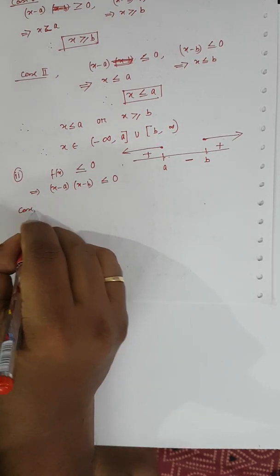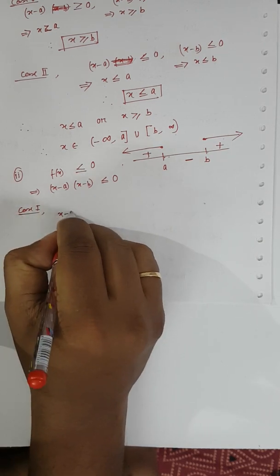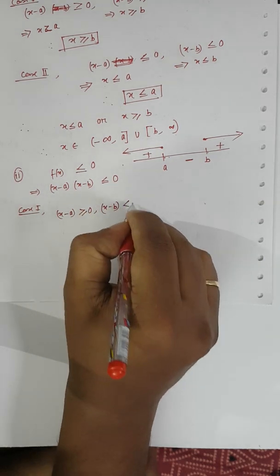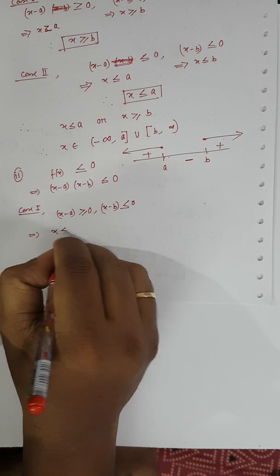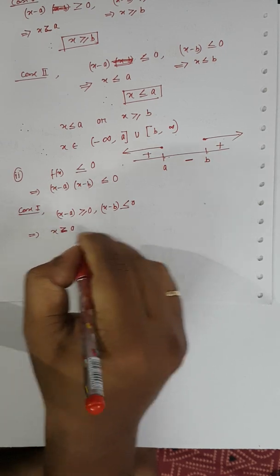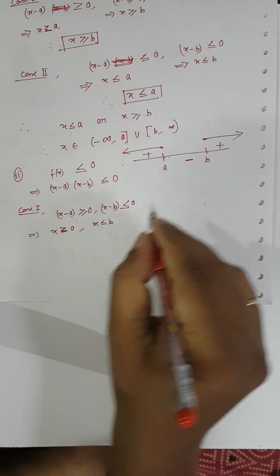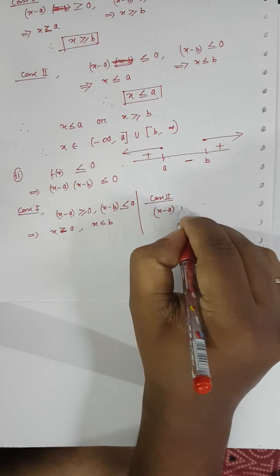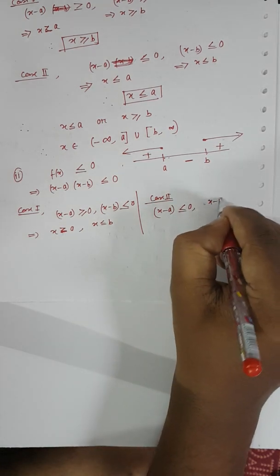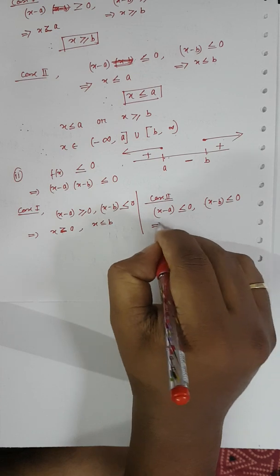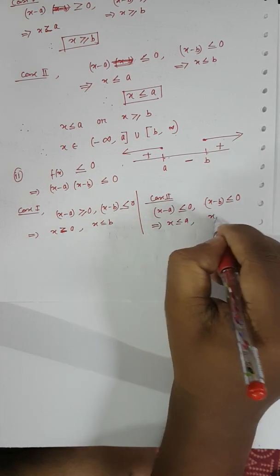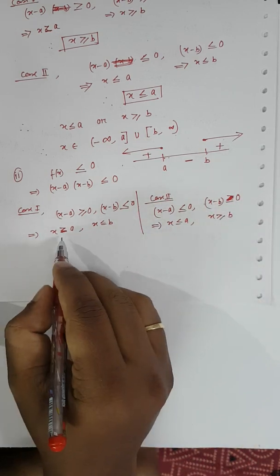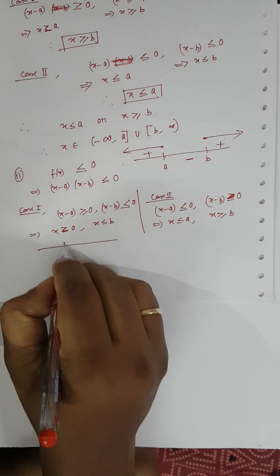So case 1 will be x minus a is positive, x minus b is negative, that is x is greater or equal to a and x is less than or equal to b. And case 2, x minus a is negative, x minus b is positive. So I'm getting x is less than or equal to a and x is greater or equal to b.